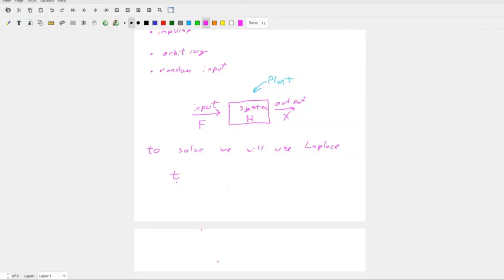And we want to move our solution into the S space, which is just a function space, right?